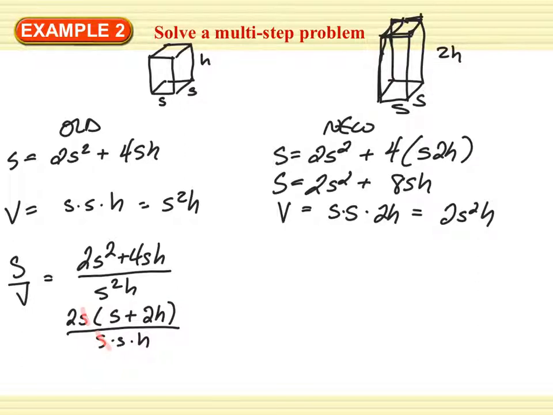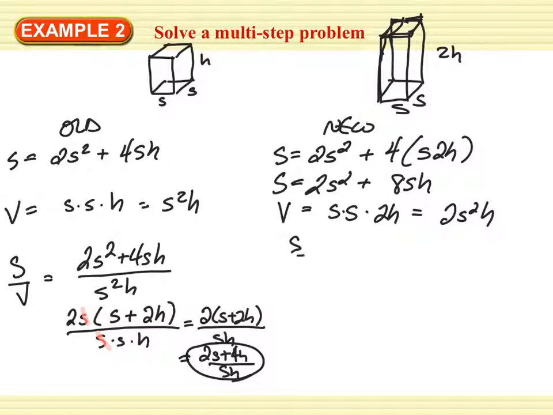And I'm left with 2s plus 4h over sh. That is my ratio of surface area to volume on the old.